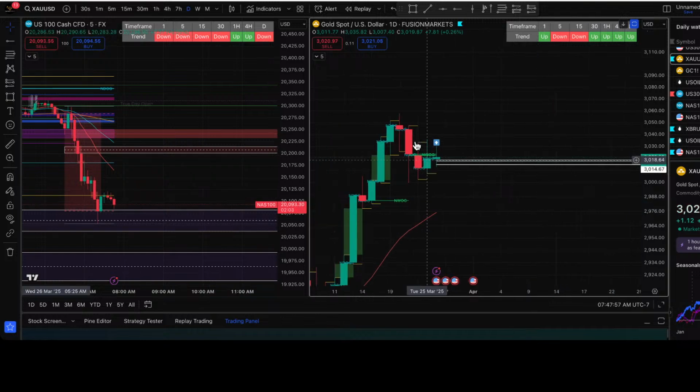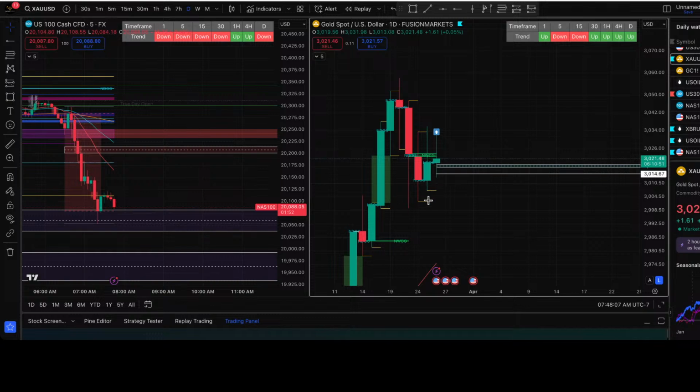So we took out those lows, closed above. We took out the highs but closed below. So this is technically bearish. And we have yet to take out previous day's highs.